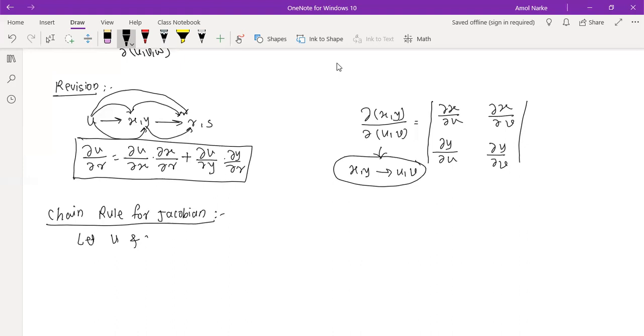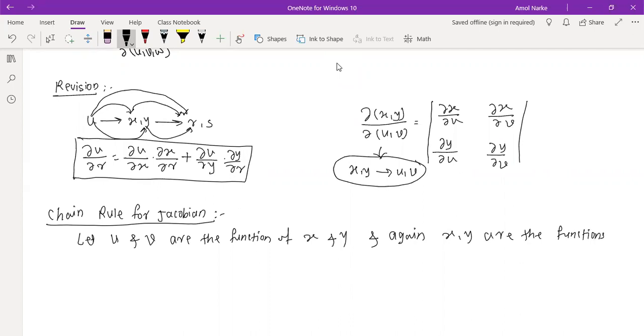u and v are functions of x and y, and again x and y are functions of some other variables r and t.